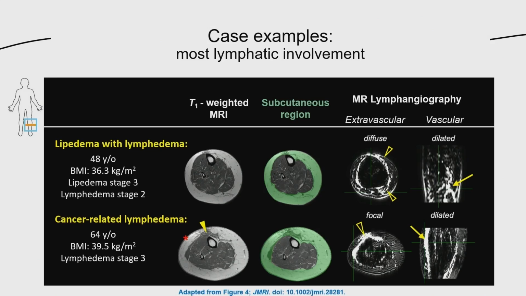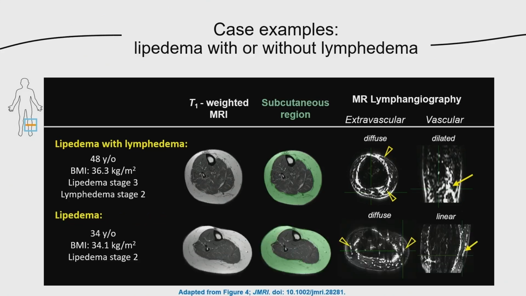The patient with lipedema and lymphedema had diffuse hyperintensities in the extravascular space and vasculature that was noted to be dilated throughout that lower extremity in the calf. This is compared to leg lymphedema with cancer etiology and cancer treatment etiology. They had more focal extravascular features just in the anterior leg and dilated hyperintensities throughout the leg. So definite edema in both cases is what our radiologists would say.